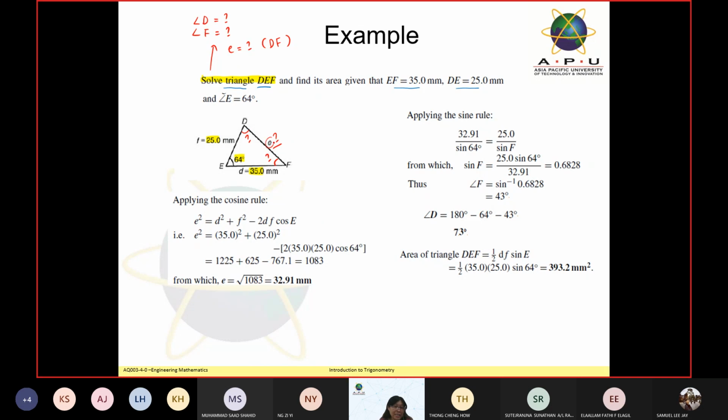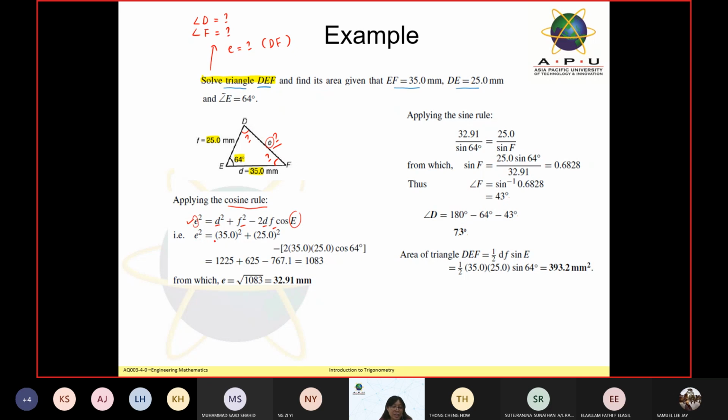The side you want to find is E, and the corresponding angle is the angle for E. So you can solve using the cosine rule: E squared equals D squared plus F squared, minus 2DF cos E. As I say, this must correspond.